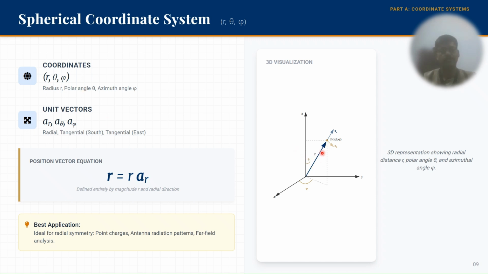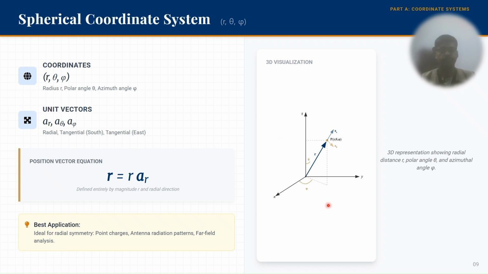So r is the distance, phi, as in the previous case, is the angle that the projection of r makes with the x-axis, and theta is the angle with the z-axis. The r line makes an angle with the z-axis, which is known as theta. So that is r, theta, and phi, and the unit vectors a_r, a_theta, and a_phi. Position vector r, a_r, you can define like this.